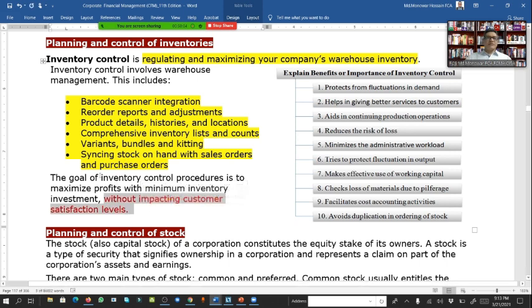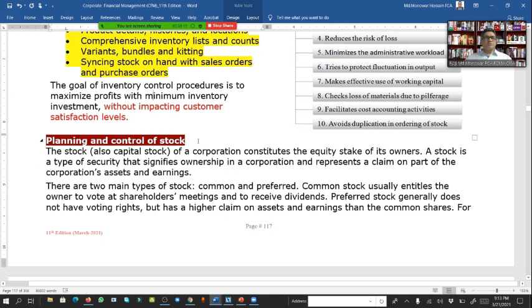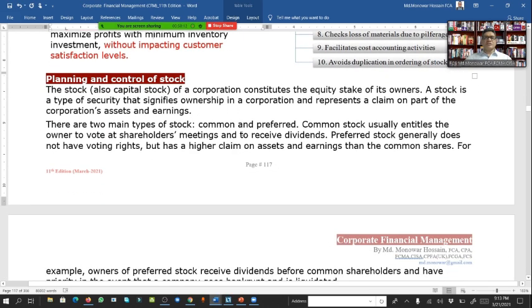By giving good service and satisfaction to the customer, you can control the inventory. Now planning and control of stock, which is a different thing. This stock is not inventory, it is the share also. It is called capital stock, that means share. The corporation constitutes the equity stock of the owners.